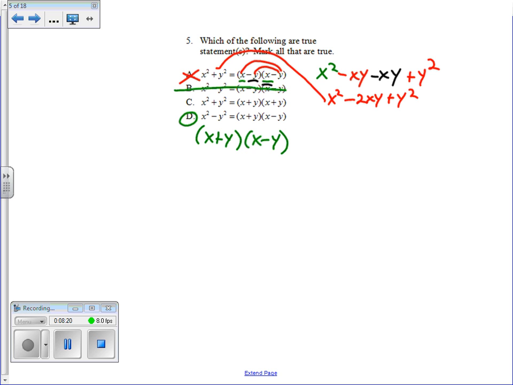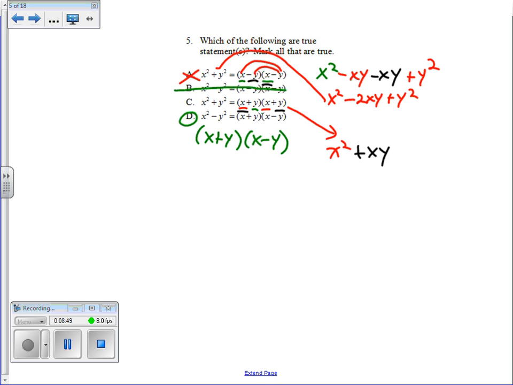For C, I have x plus y and x plus y again. So I'm going to multiply that out. X times x gives me x squared. And then x times y gives me positive xy. Take y and distribute it through the parentheses.